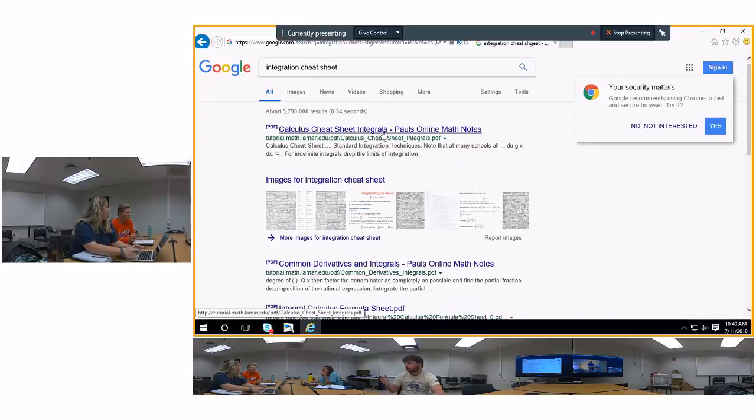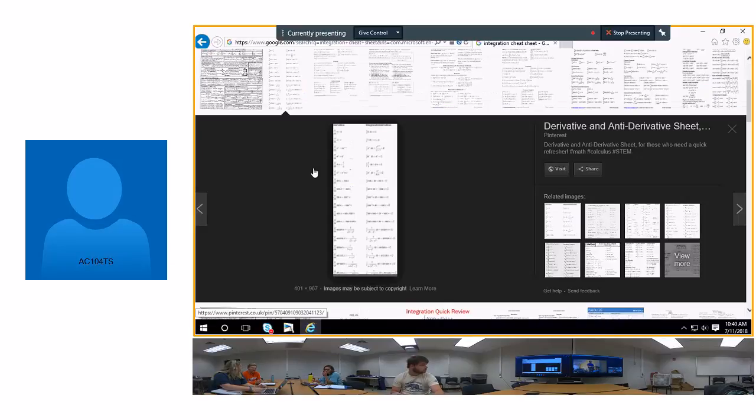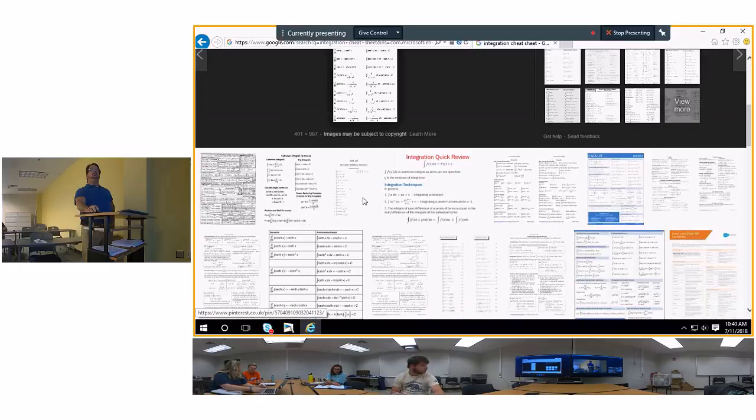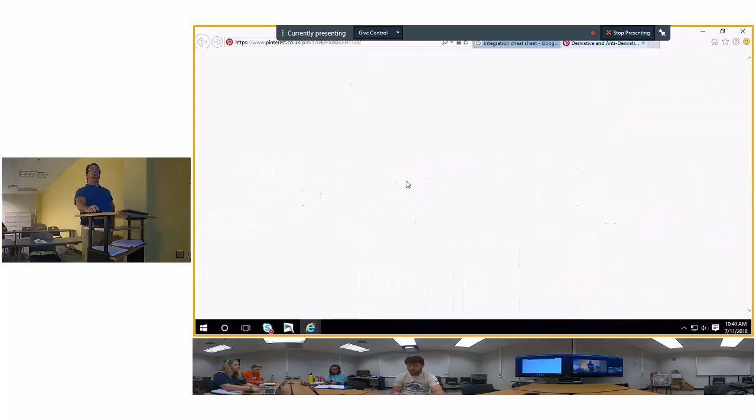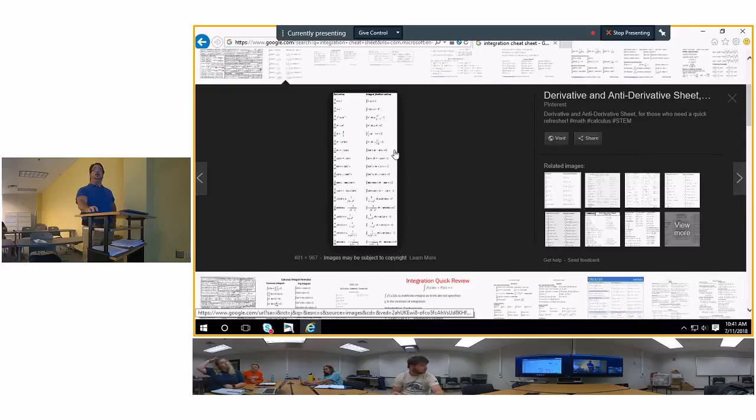Integration cheat sheet. Remember me showing y'all? I think it's this one right here or something like that. And you got to pull it up. And of course, you can't see it. Well, it's not going to come up now because it's some kind of Pinterest crap. Let me see if I can find one that you can actually see.